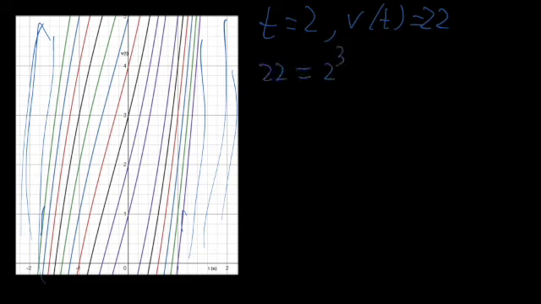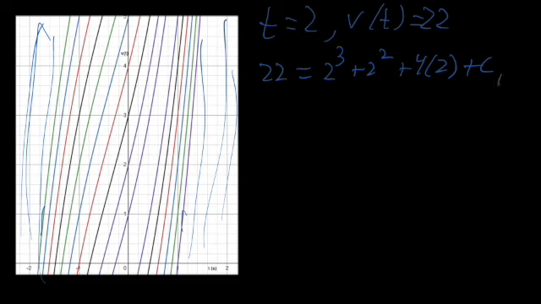To solve for c1, we can use our initial conditions. We are given at the beginning that when t equals 2 seconds, our velocity is 22 meters per second. Plugging that back into our equation from before, 22 equals 2 cubed plus 2 squared plus 4 times 2 plus c1.